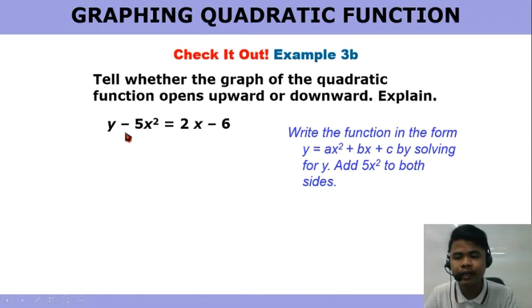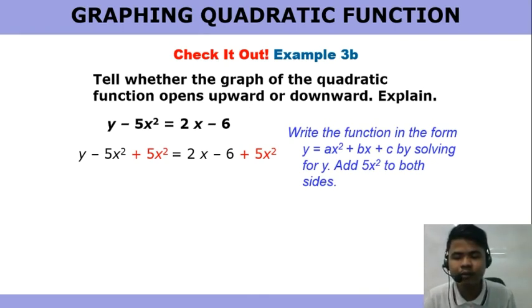So, kailangan natin i-eliminate itong negative 5x squared. So, we can only do that by adding 5x squared to both sides of the equation. It is the application of the addition property of equality wherein kapag mag-add ako ng isang value to the left side, i-add ko rin siya sa right side ng equation.